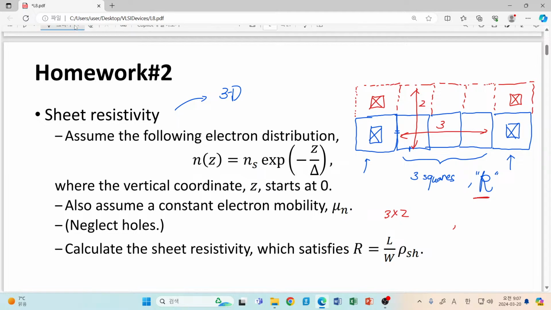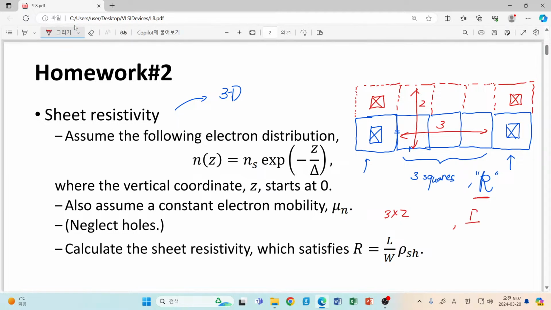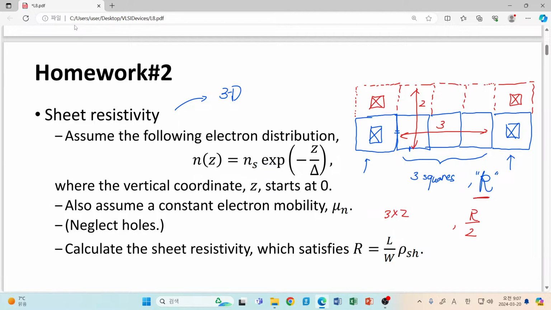The resistance would be just half of the original one, because now the channel to conduct the electrical current is twice as wide. So you can understand this is the case.